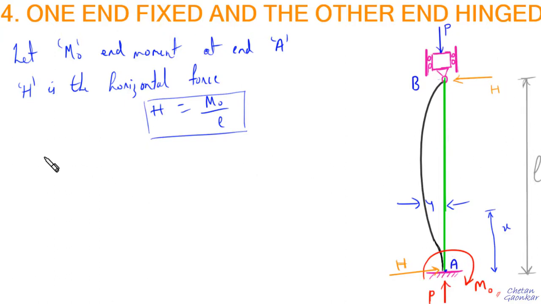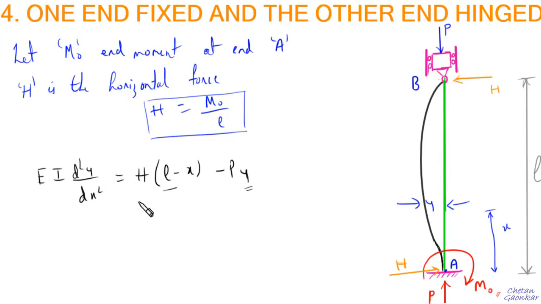Therefore the differential equation here will be slightly different from the other cases. Now the differential equation will be EI d square y by dx square equal to H times L minus x minus p y. Because of this end moment there will be a horizontal reaction force H, and because of that there will be this term also.